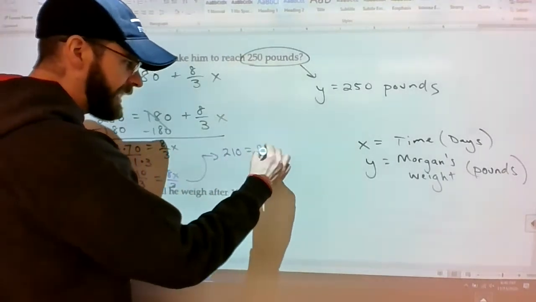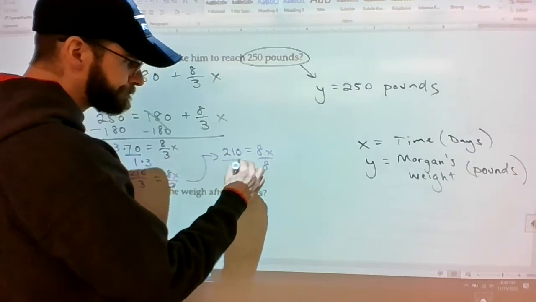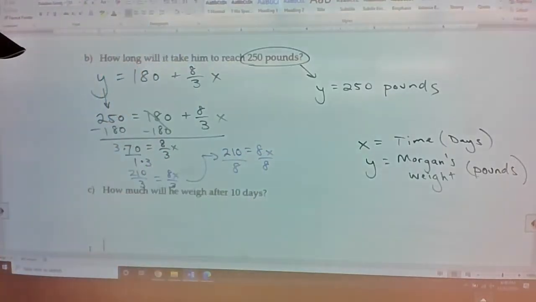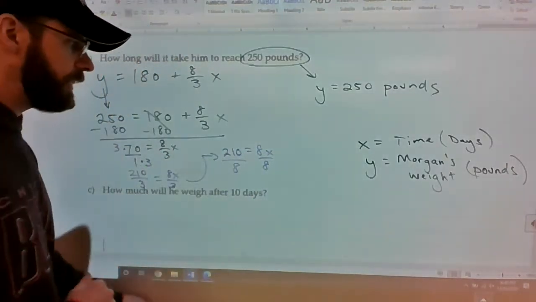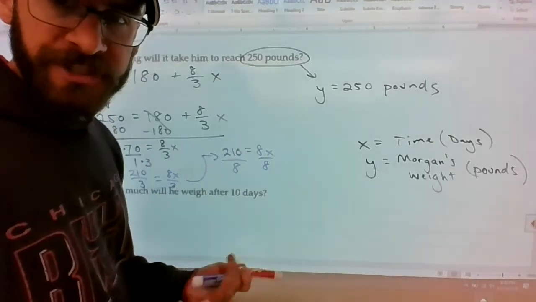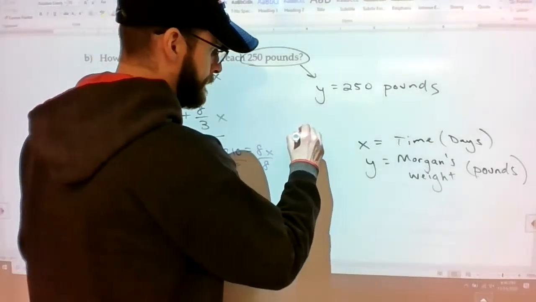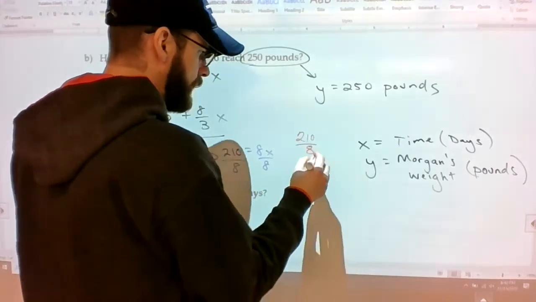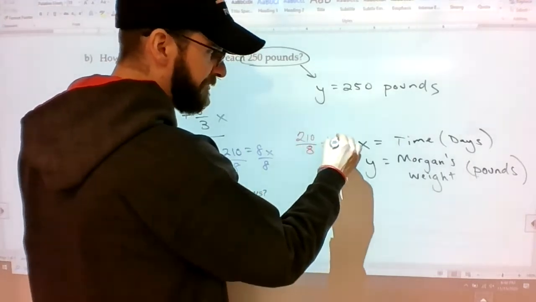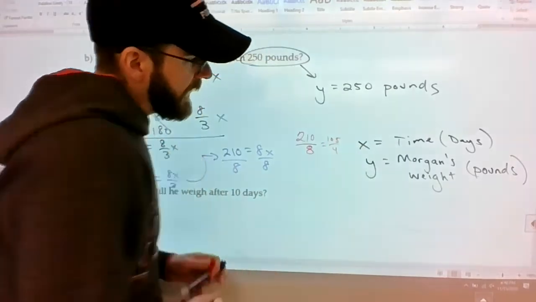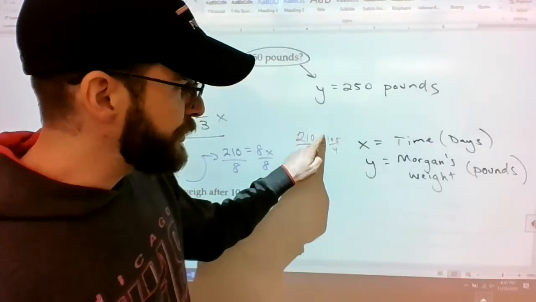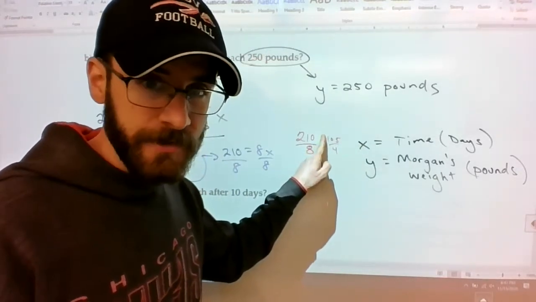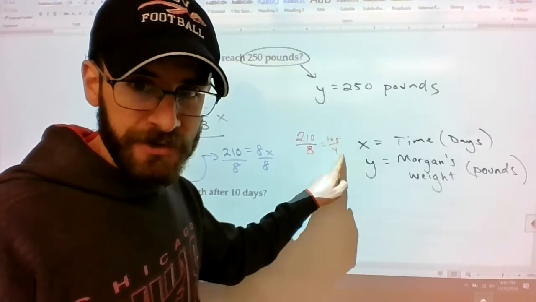210 is equal to 8x, and then divide by 8. At this point, you're just figuring out what 210 divided by 8 is. You can cut them in half. That'd be 105 over 4. And then I know 4 goes into 10 twice, so 4 goes into 5 once more.